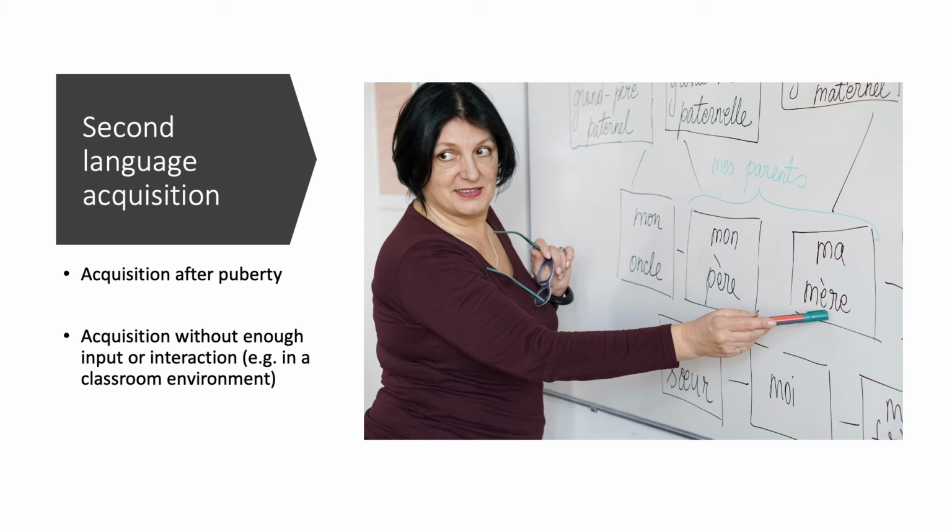For example, this is the situation in a classroom where there isn't enough input and enough natural interaction to lead to native-like competence, but still the language can be learned.